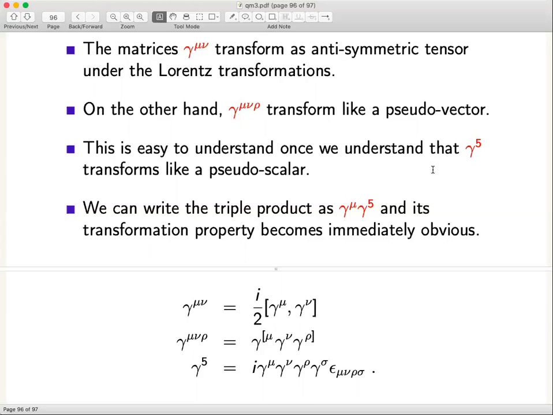I have been saying this, but have you discussed time reversal and parity somewhere in quantum mechanics earlier? We did something in quantum mechanics 1 on symmetries.